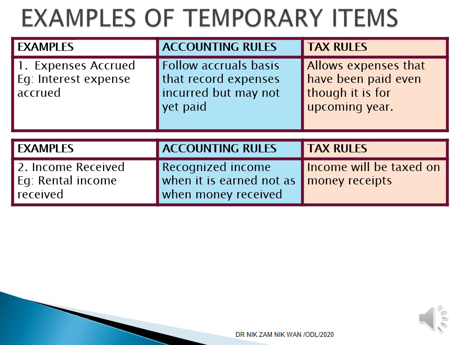Okay. Next example, besides expenses, we have also a situation where we have income received. In accounting rules, if we have income, we record it when it is earned, not when money is received. Yang ni in the case of prepayment lah. Contohnya, kita terima sewa untuk tahun depan pada tahun ini.